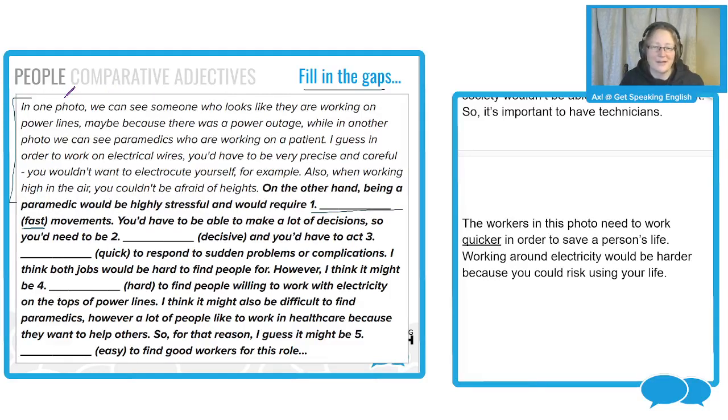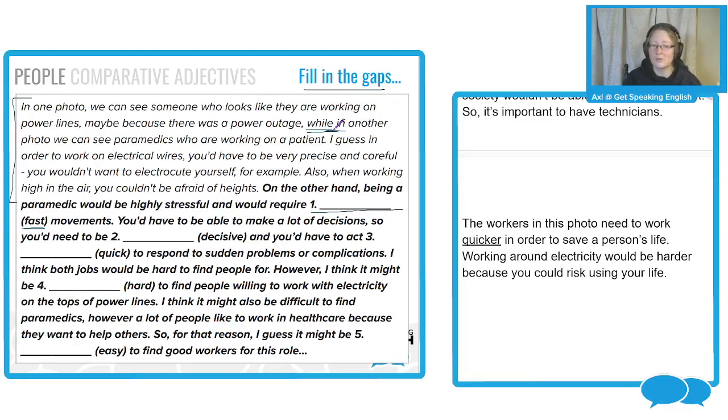So we'll give you a few minutes to do that. I'm going to read the intro. So in one picture, we can see someone who looks like they are working on power lines, maybe because there was a power outage. While in the other photo, we can see paramedics who are working on a patient.